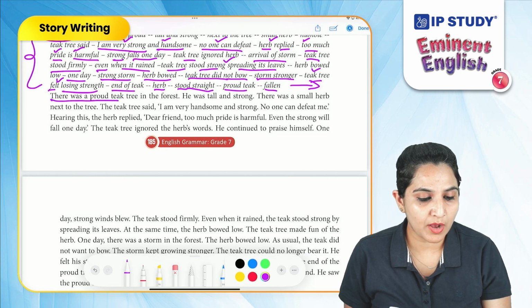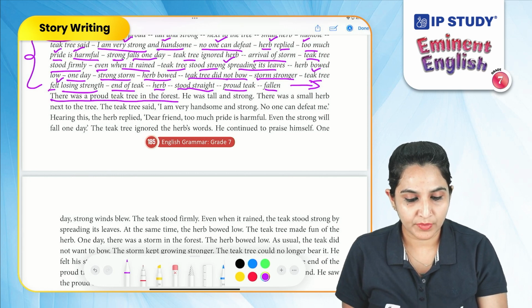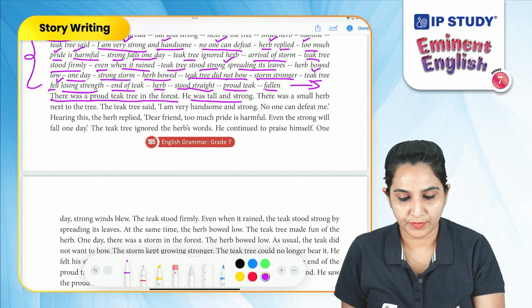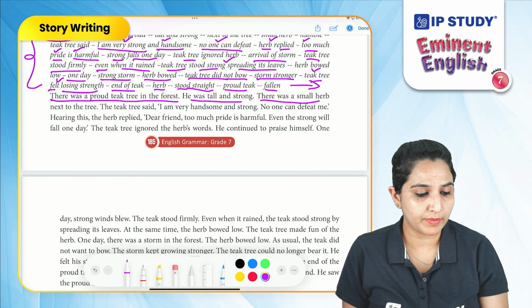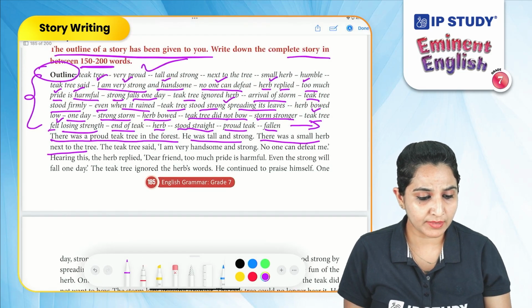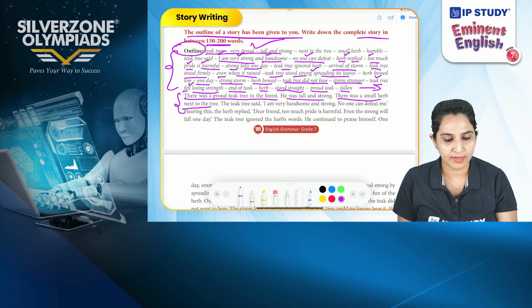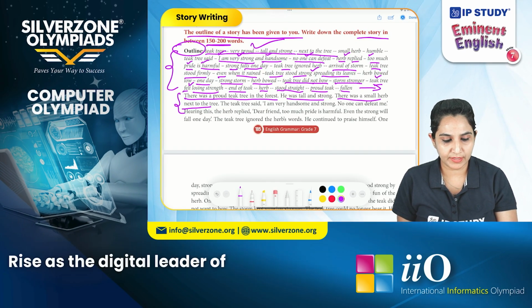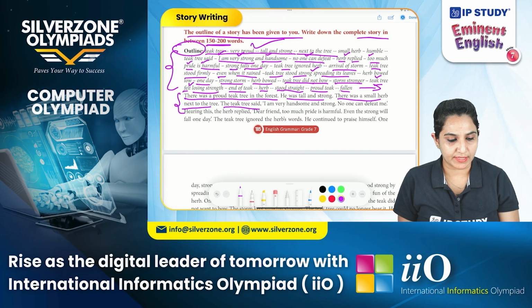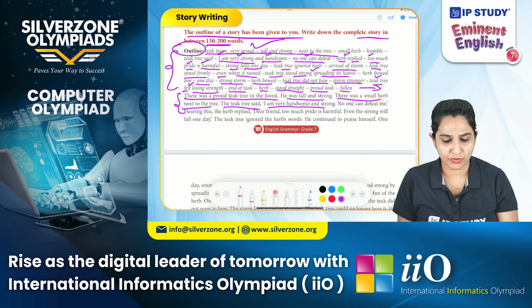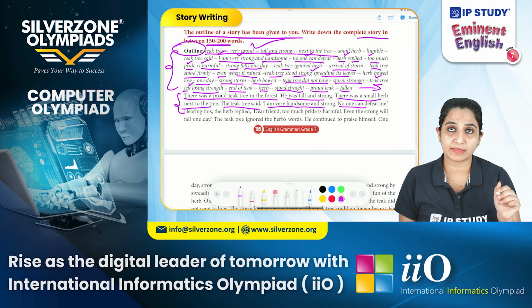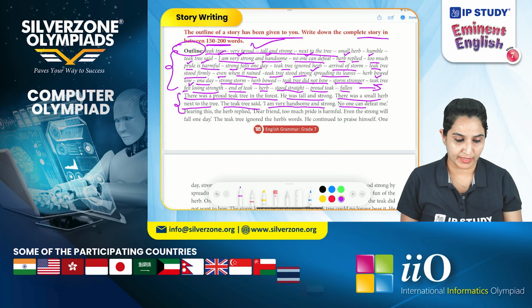There was a proud teak tree in the forest. He was tall and strong. There was a small herb next to the tree. These lines can be easily captured from the outlines here. The teak tree said, I am very handsome and strong. No one can defeat me. This was mentioned in the outline.